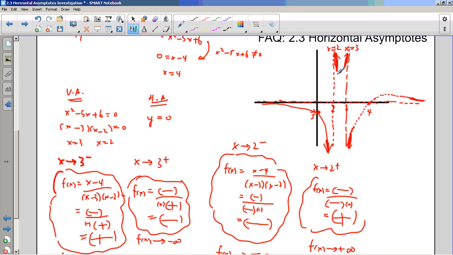And same in here. I don't know how far down this goes. Now this dotted part here, I'm going to circle it in a different color. We don't know this. We don't know that, or how far up does this go. Certainly we could try some values, 2.5 or 5 or 6, and try and figure out how far above this goes, but we don't know. The solid parts we're pretty sure of.